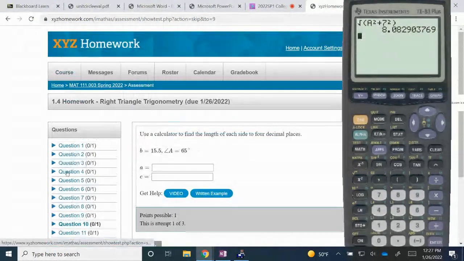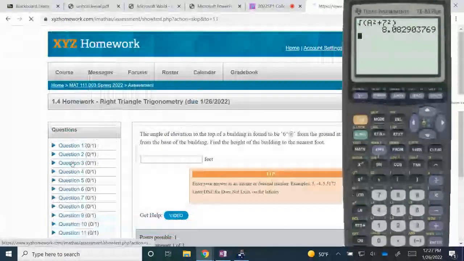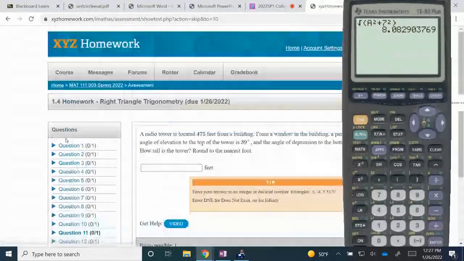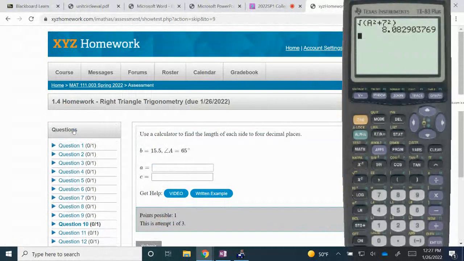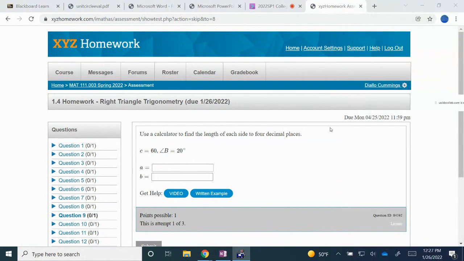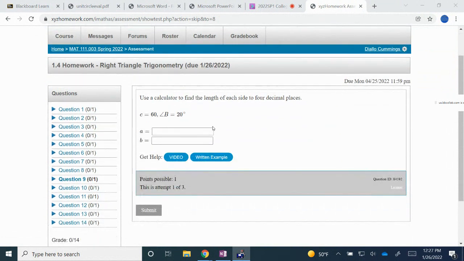Okay, none of these are asking to find an angle measure. All right, so at this time, I would like for you to answer this question. Notice we're not given a triangle.